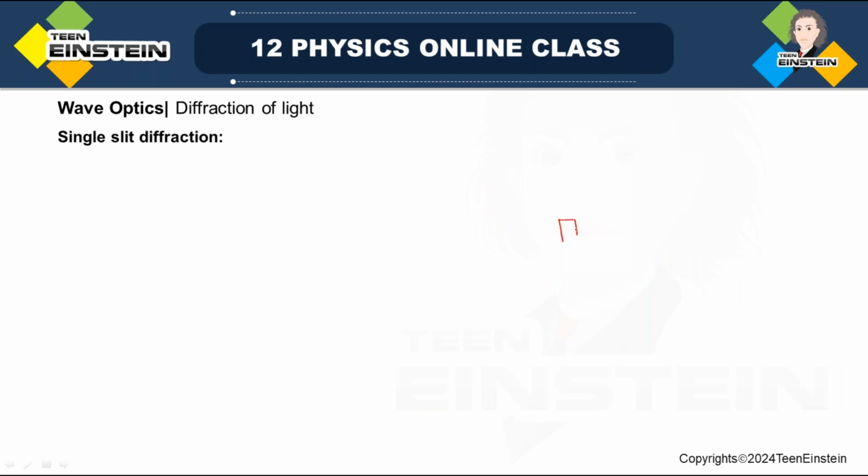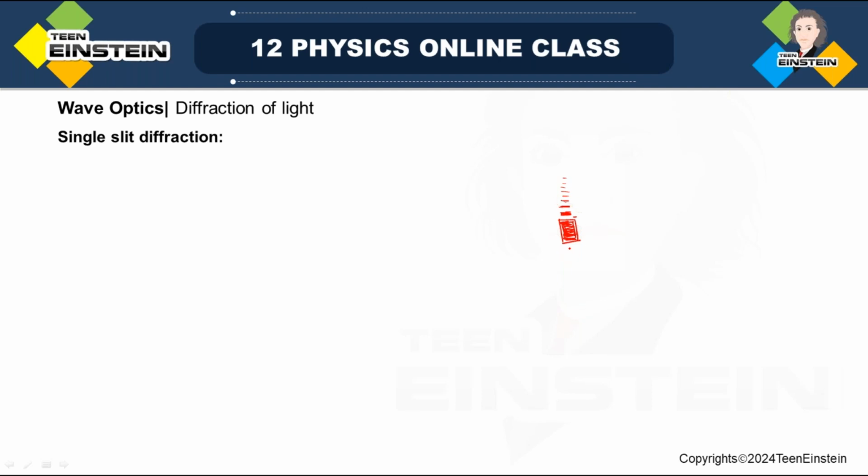There will be a broad central bright region, and then next will be minima, then another bright will come, in between there will be dark, again another bright, then dark, then again bright. The intensity of these bright regions gets reduced gradually. They will become fainter and fainter, and after some time we will not see anything.